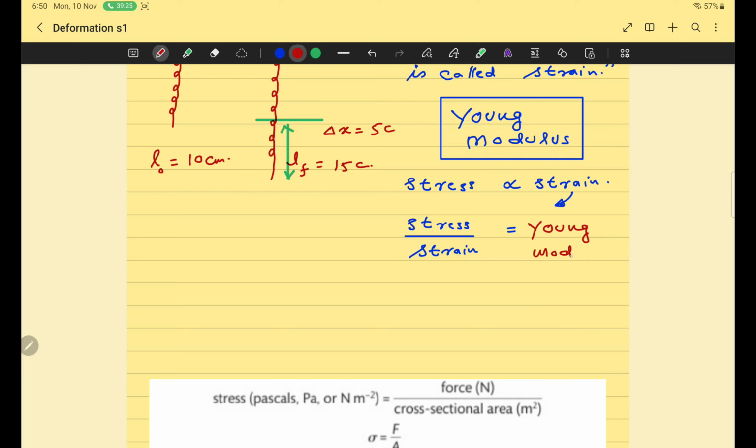If I ask you to define Young modulus, then obviously the definition is: the ratio between stress and strain is Young modulus.